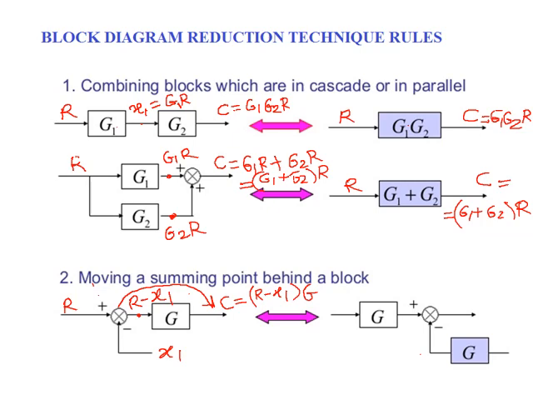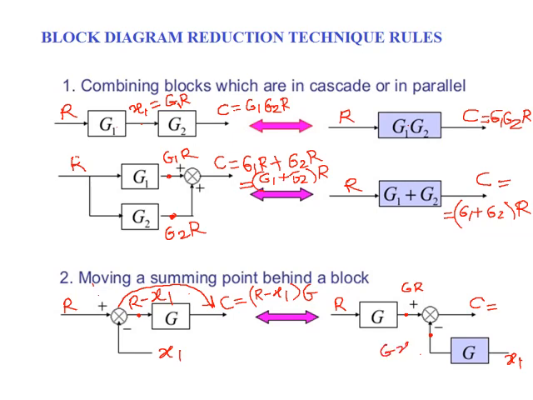So this is the output. Now we will check that after shifting of the summing point, the output should be the same. I am again labeling the input node, output node, and the signal we already used. What will be the output here? At this point the signal is gain into input, so I will write GR. Here the signal will be G into X1.